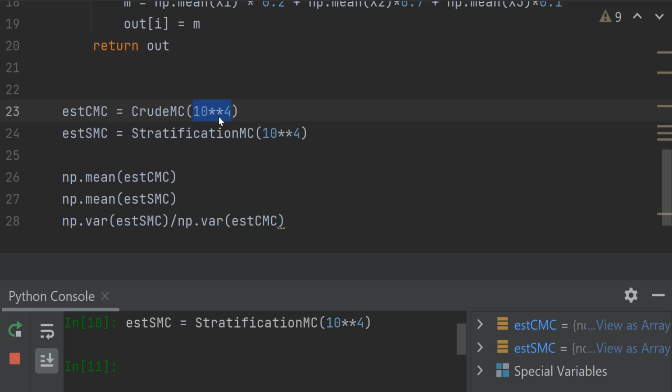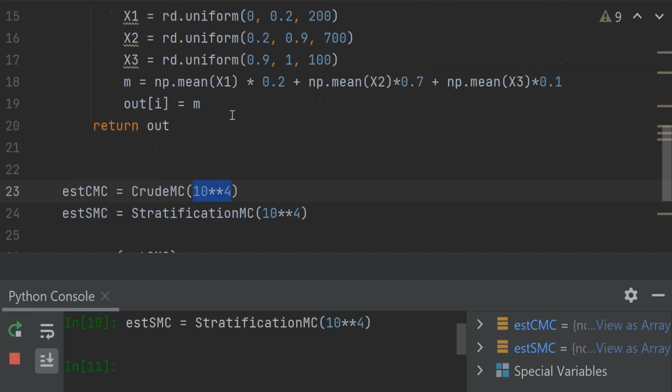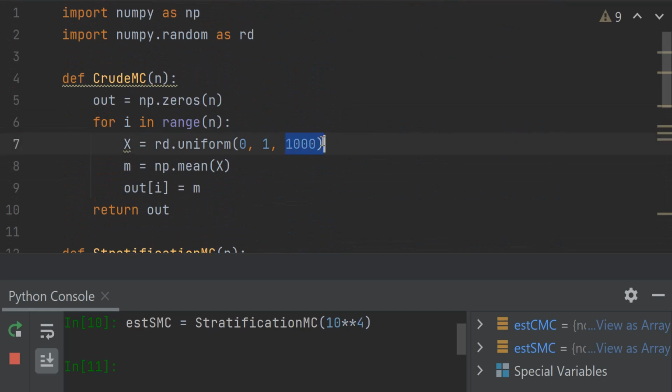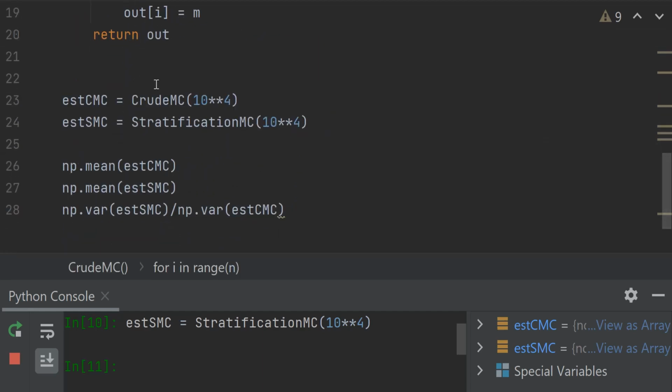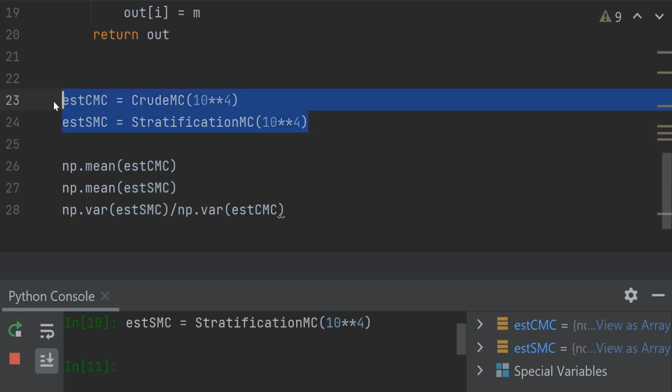So in total, I have 10,000 times 1,000 simulations. So this is 10 million simulations using each of these. But Python is a very fast programming language, so this takes almost no time.